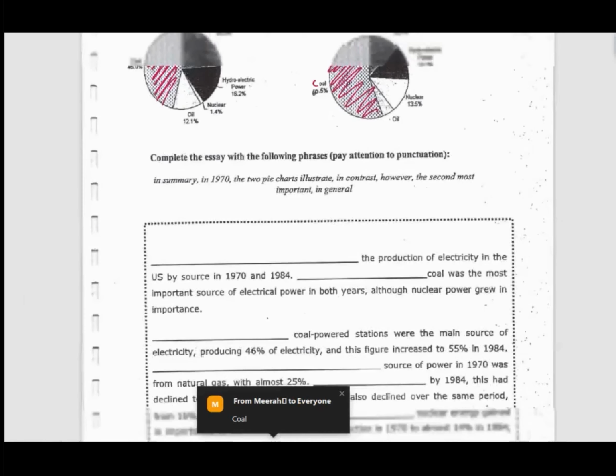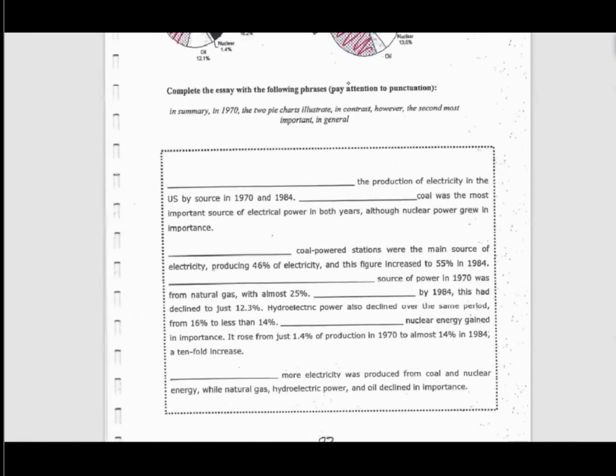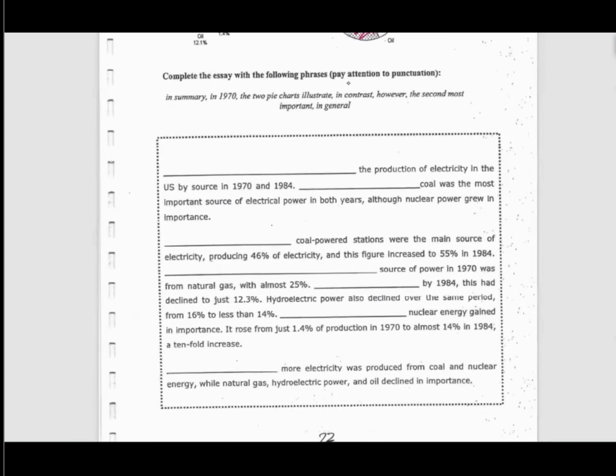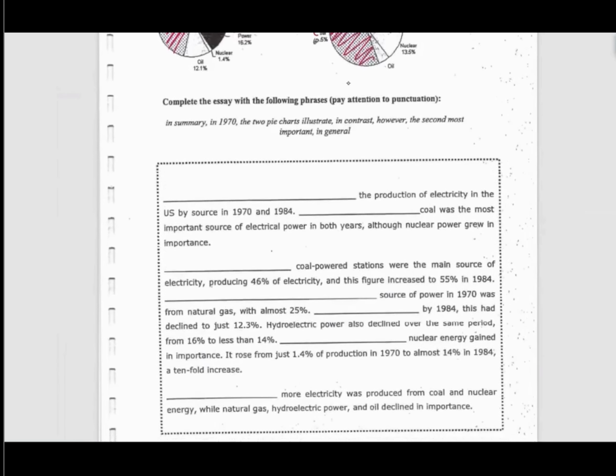Now, we will do an exercise here about this question. Here we have different choices. Summary, 1970, the two pie charts illustrate, in contrast, however, the second most important, in general. So I will number them 1, 2, 3, 4, 5, 6, and 7.